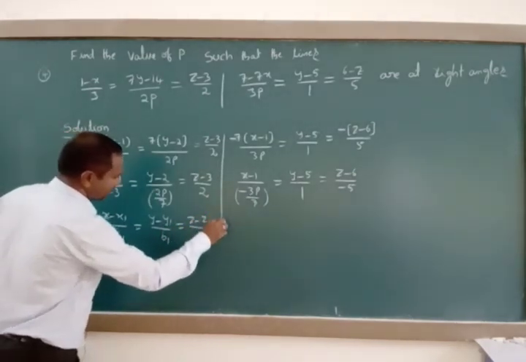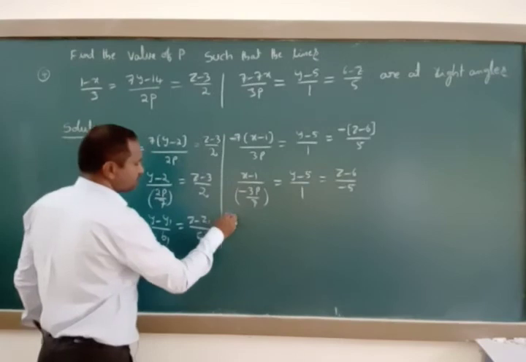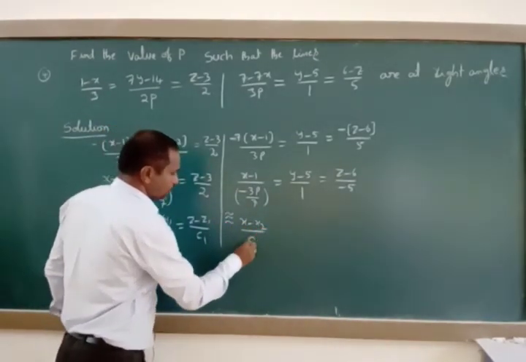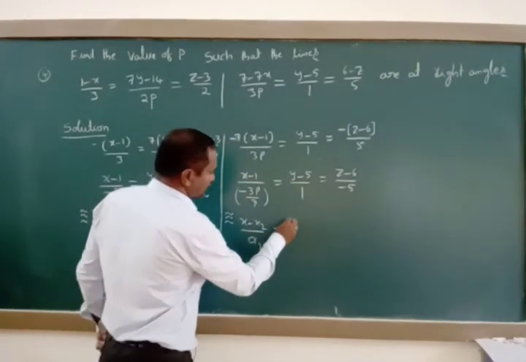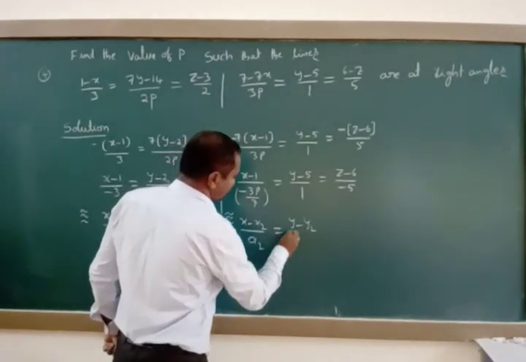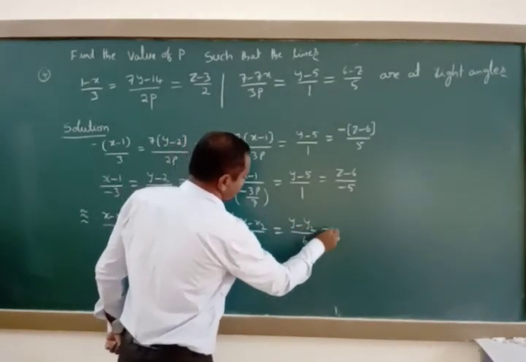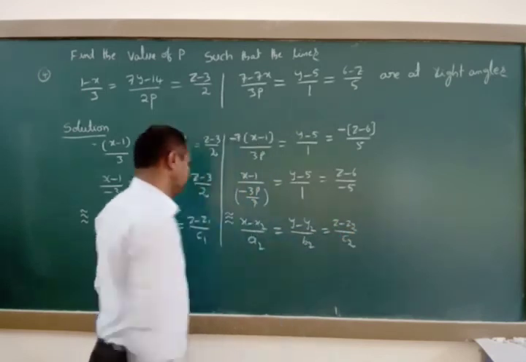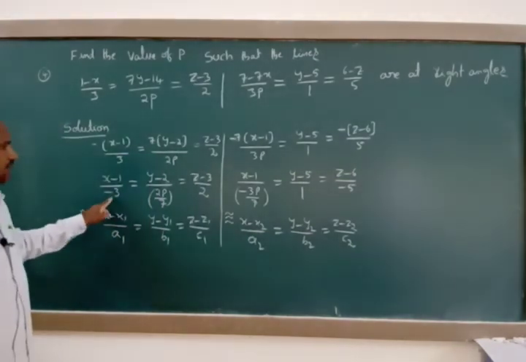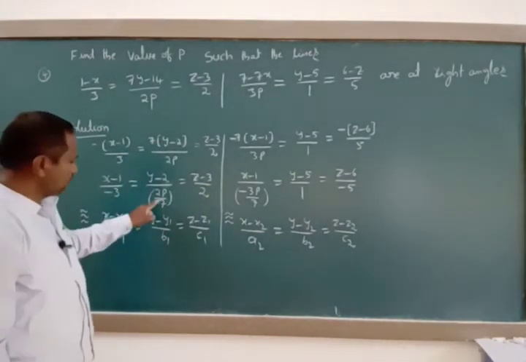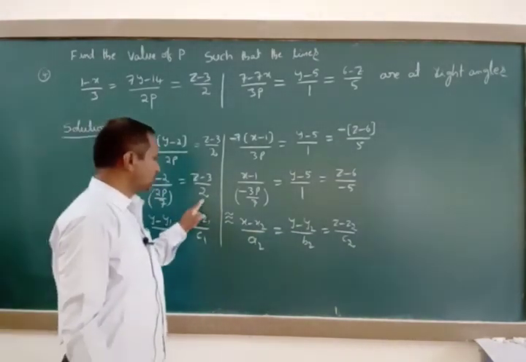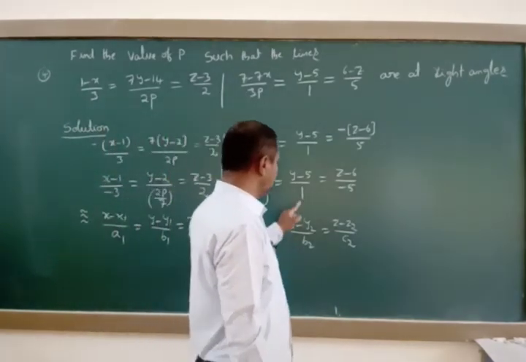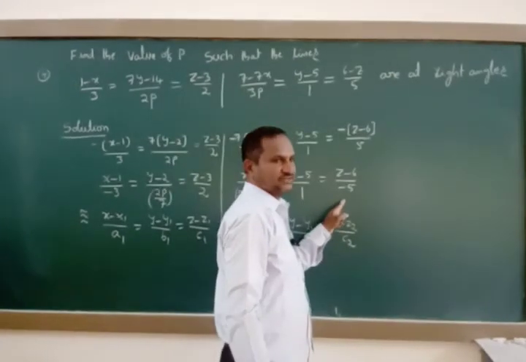Also compare with (x minus x2) by a2, (y minus y2) by b2, (z minus z2) by c2. a1 value is minus 3, b1 value is 2p by 7, c1 value is 2, a2 value is minus 3p by 7, b2 value is 1 and c2 value is minus 5.